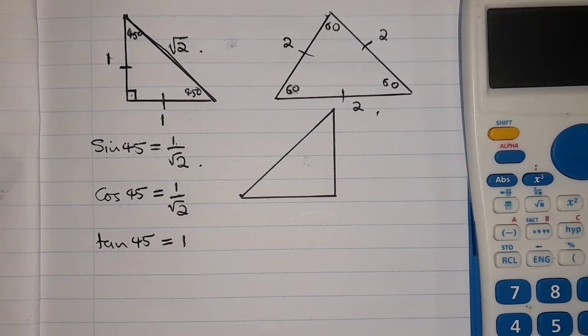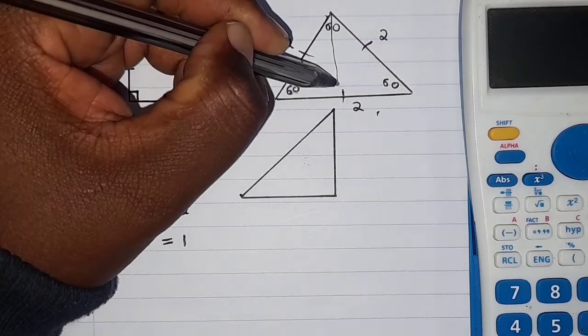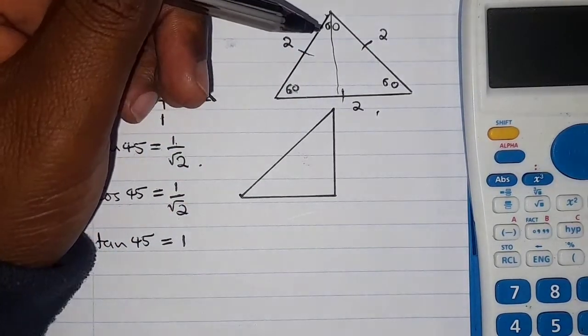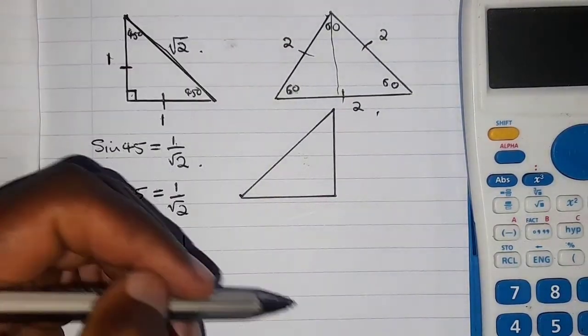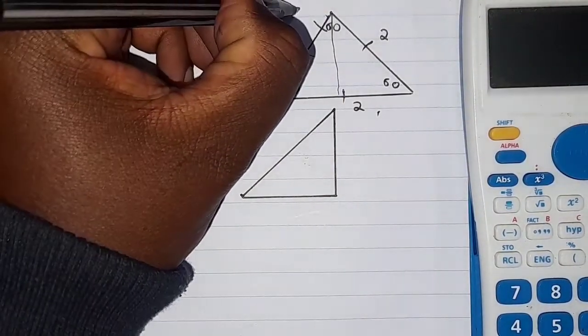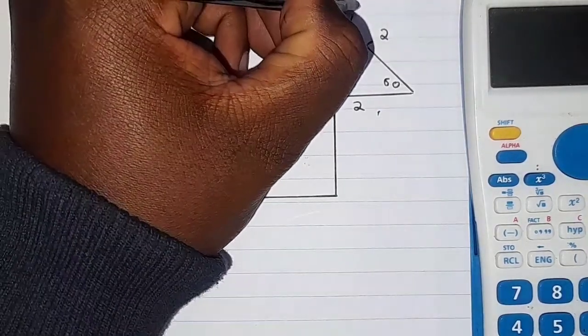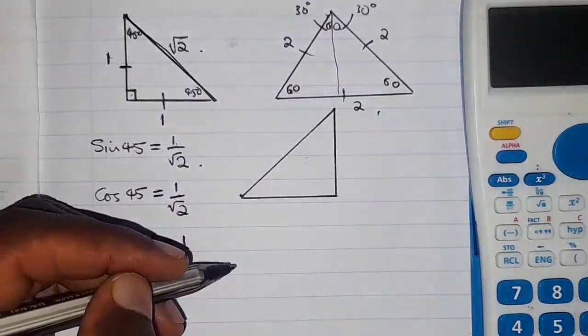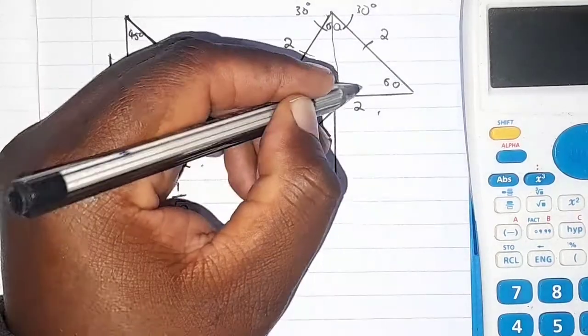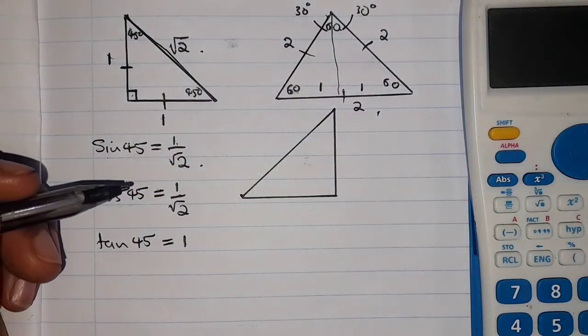But I want to bisect this triangle. If I bisect it, this is going to be 30 degrees, and this also is going to be 30 degrees, and this is going to be 1 unit, and this is going to be 1 unit as well.